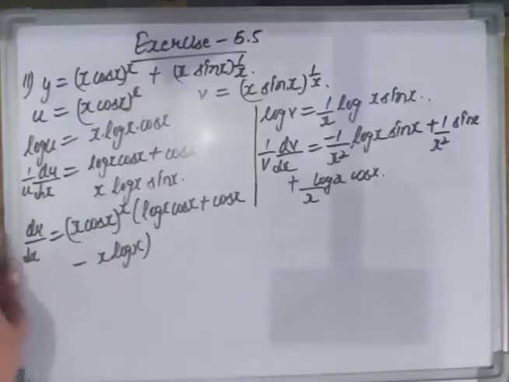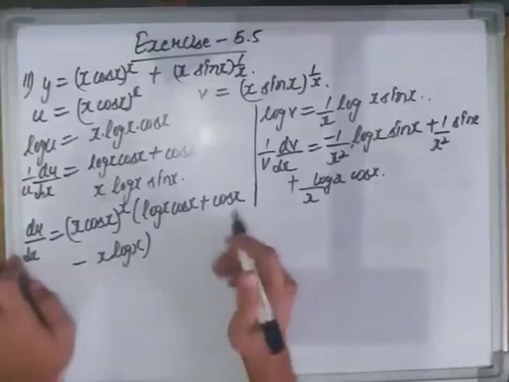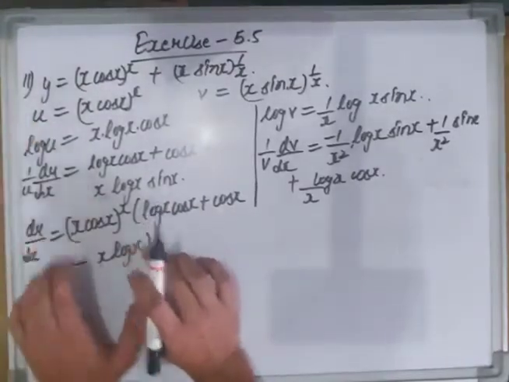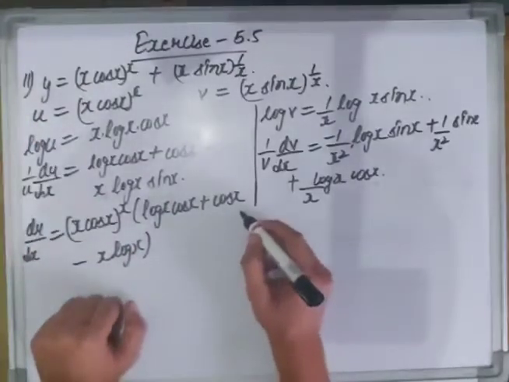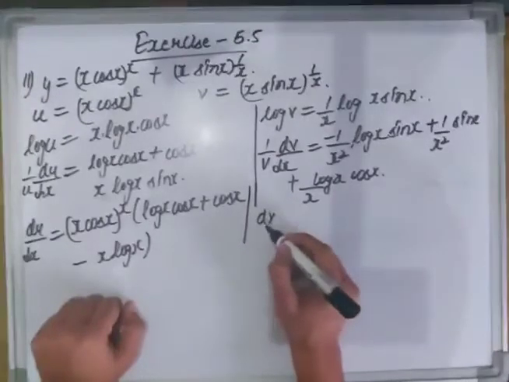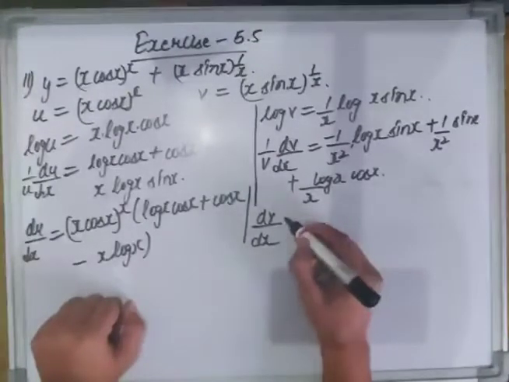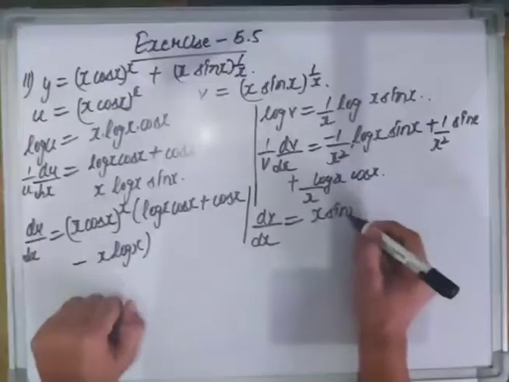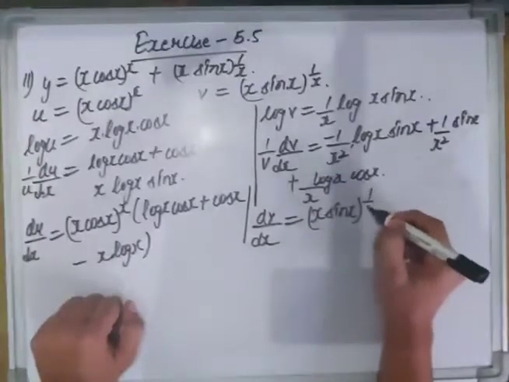If you note, this was the derivative of u, and here the derivative of v. dv upon dx is, the value of v is x sin x raised to power 1 upon x.